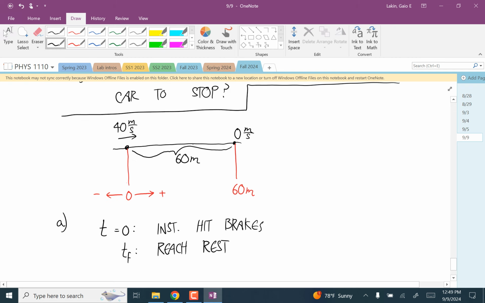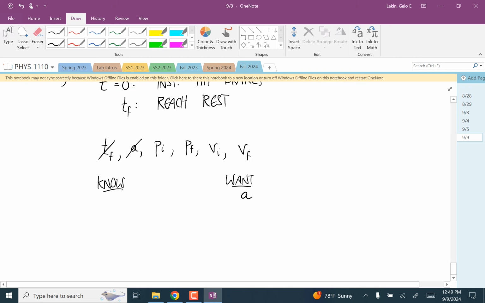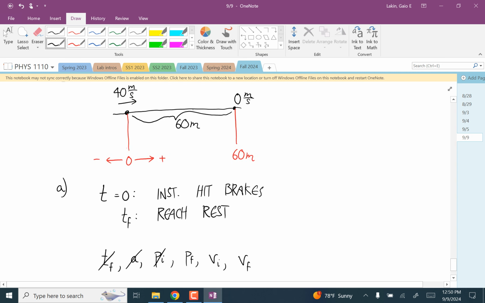That's where we chose to be our zero position. So P initial is equal to 0 meters. Do we know the car's position when we turn the stopwatch off? Yes. So P final is equal to positive 60 meters.